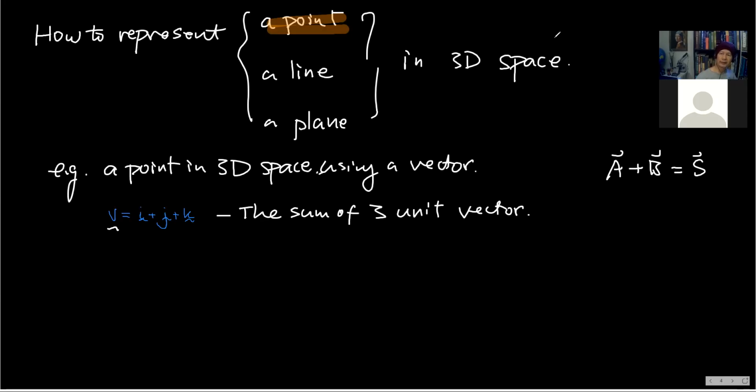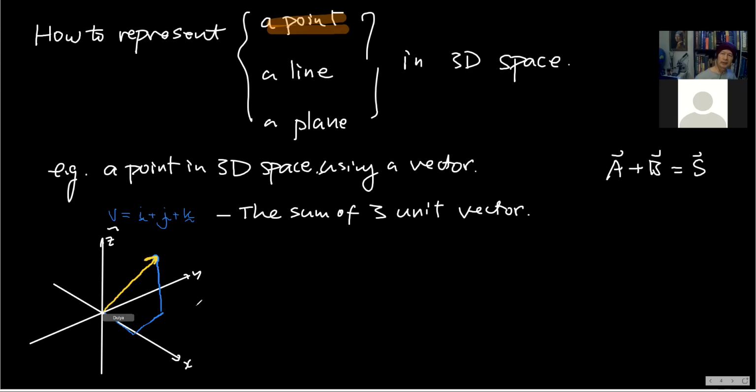Can we use a graph to illustrate your idea? So you have this 3D diagram. Can you illustrate your idea and find the sum of these 3 unit vectors? So that is z, this is y, this is x. Where is the sum? So this is i.